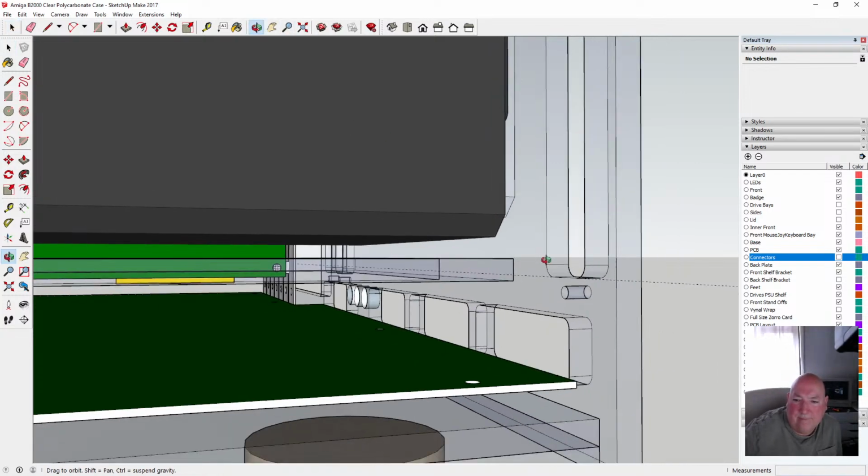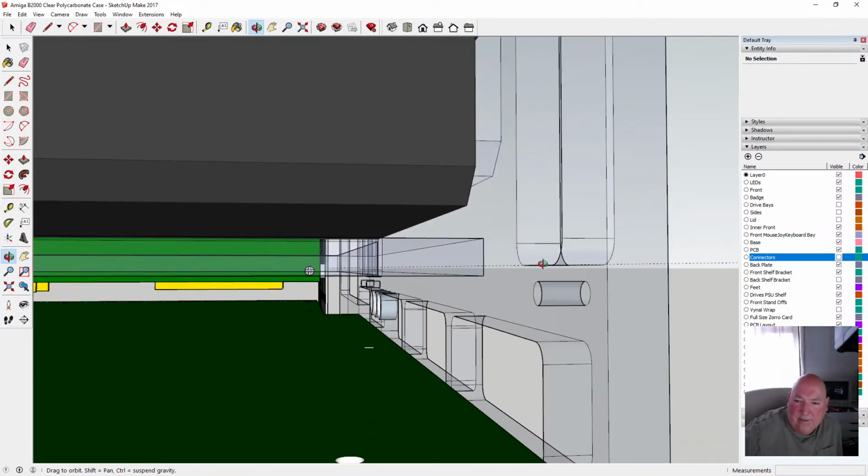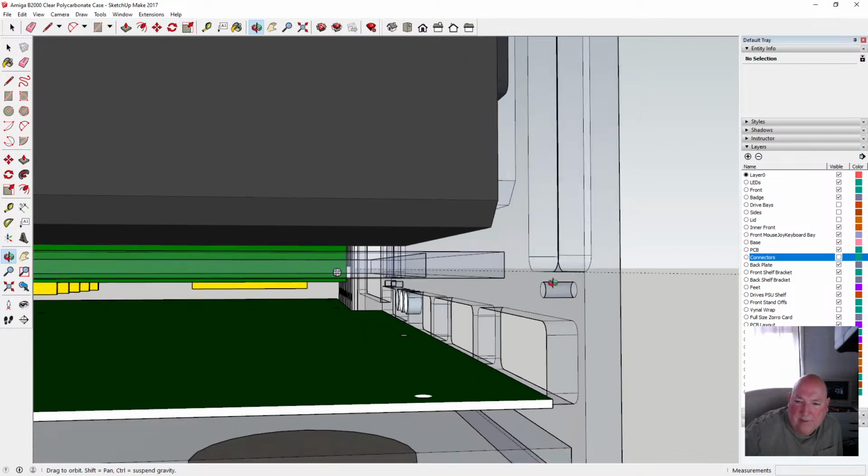So, having said that, that's the right size, but this is not. We said this one was 18.5, so it needs to go up.